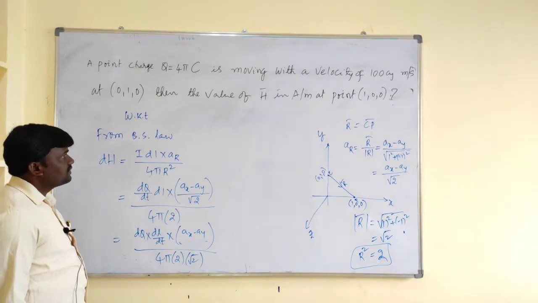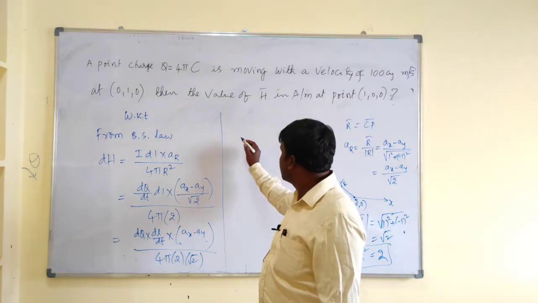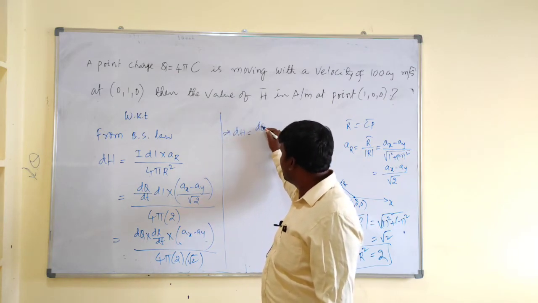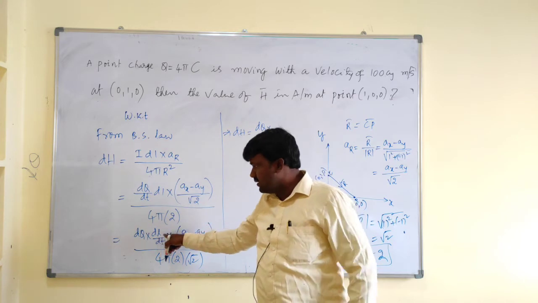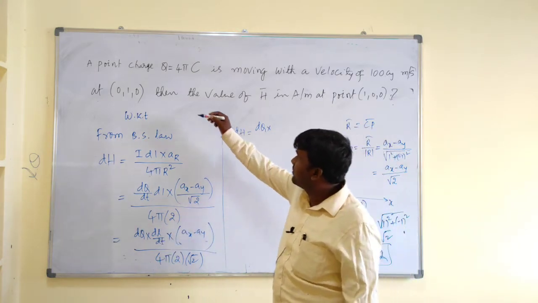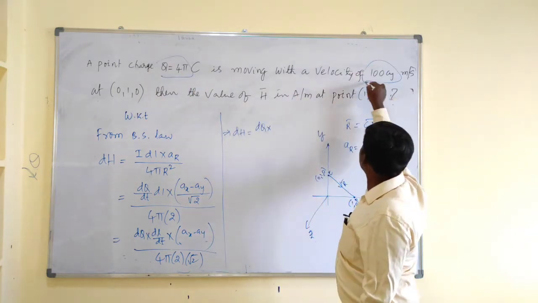Now let us simplify this one. What we have is dH equal to dQ dl by dt, that is displacement per unit time, which is nothing but the velocity. That velocity is given: this Q is moving with a velocity of 100 ay meters per second.